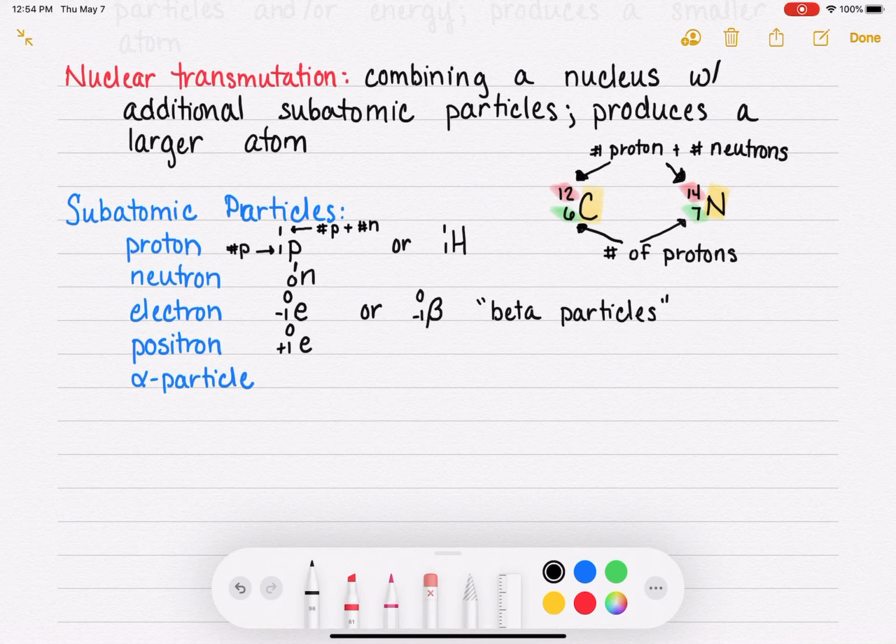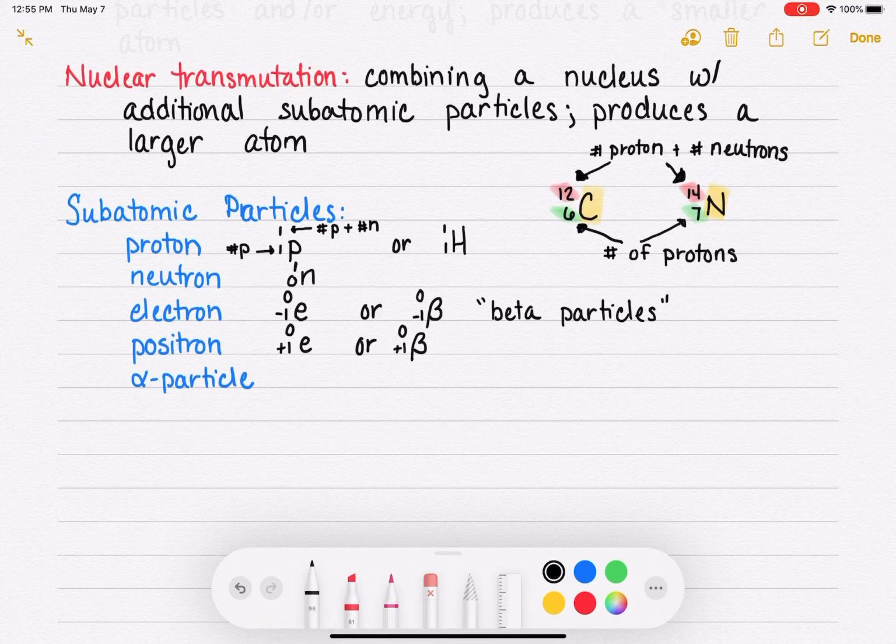And instead of writing just a regular 1 in the bottom corner, we write +1. And again, why are we using this goofy notation? That's just history. That's just how it's done. We can also write a positron using the beta symbol. Again, +1, which is distinguishing it from a proton. It is the same mass as an electron, but oppositely charged from an electron.